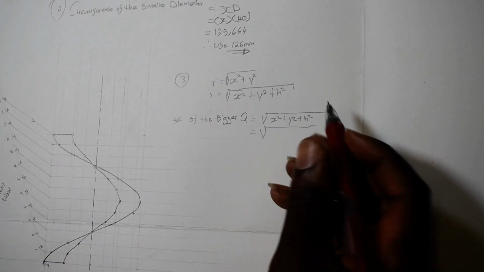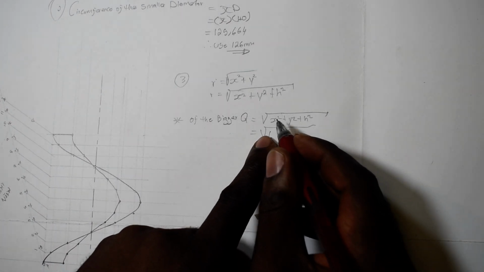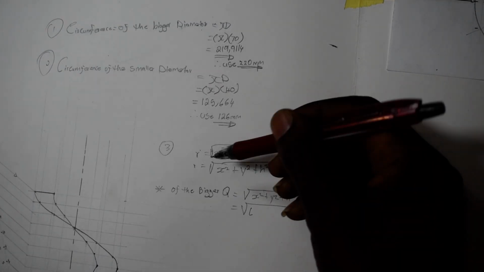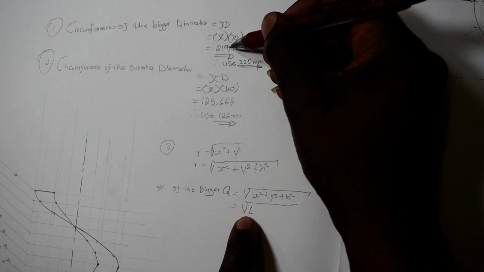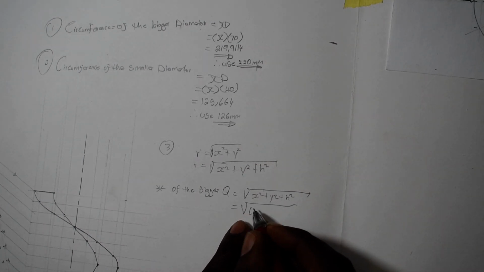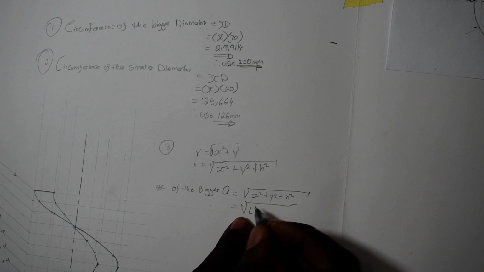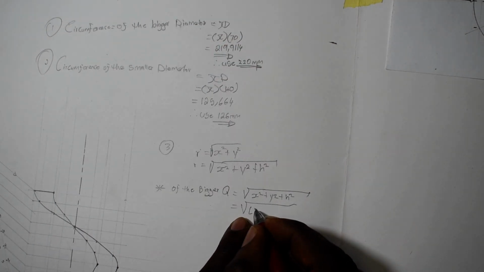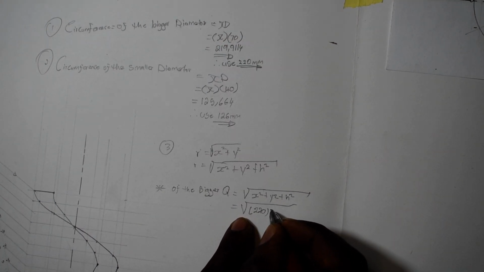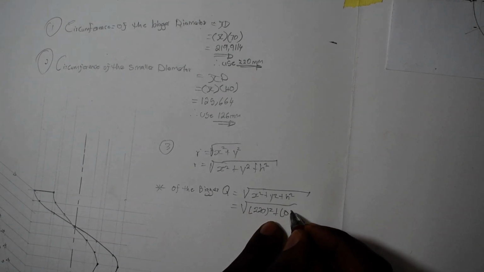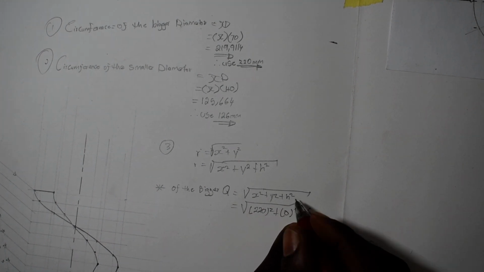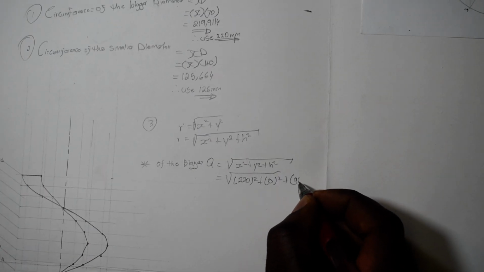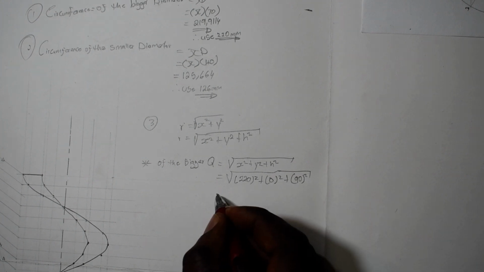Now I'm going to substitute my x with that answer that I've gotten, the circumference of the bigger diameter, which is 200 and something. Let me put it like that for now. But even if you round it off, this is 220 squared plus your y is going to be 0 squared plus your height. Remember, your height is 90 millimeter, 90 squared, all under one square root.